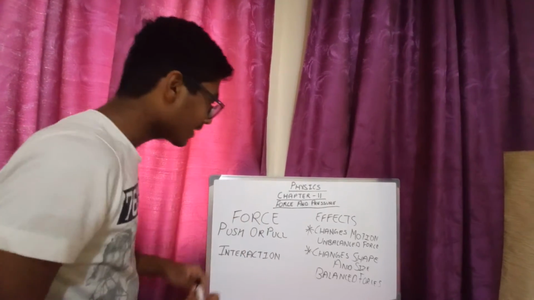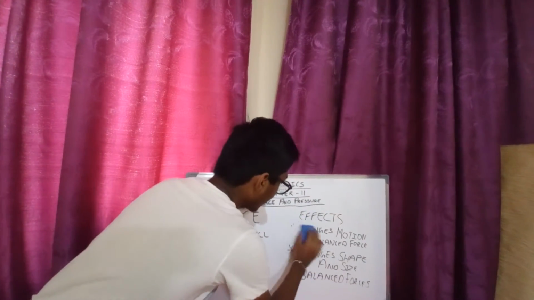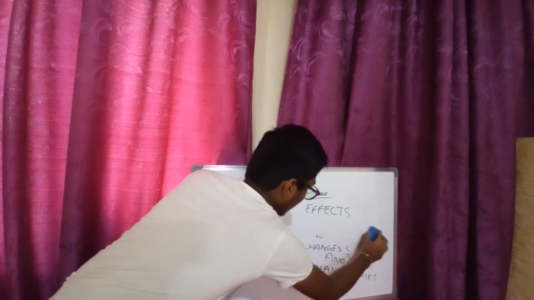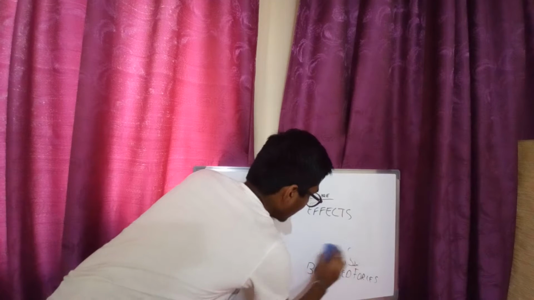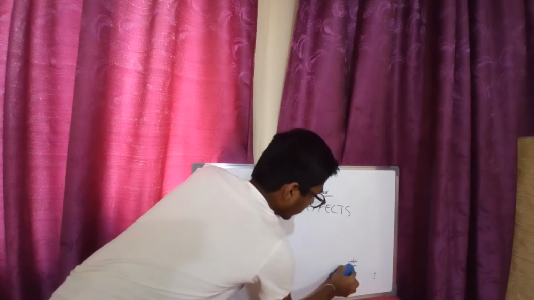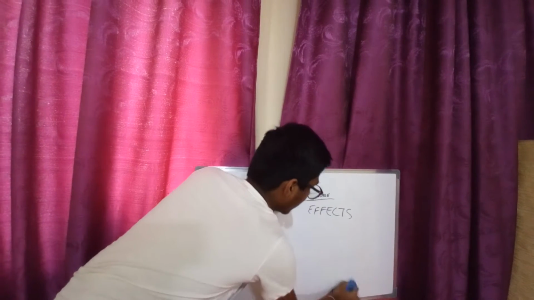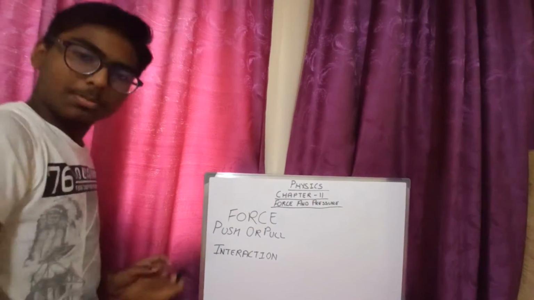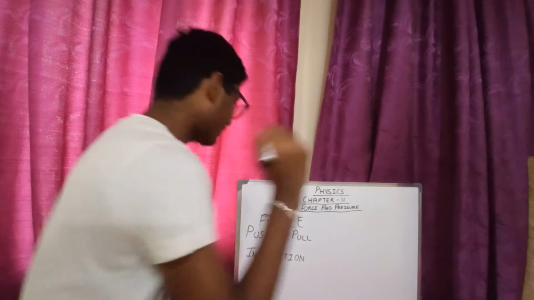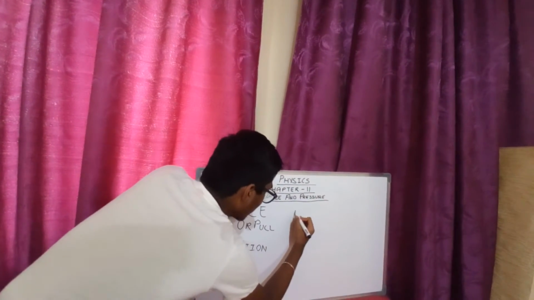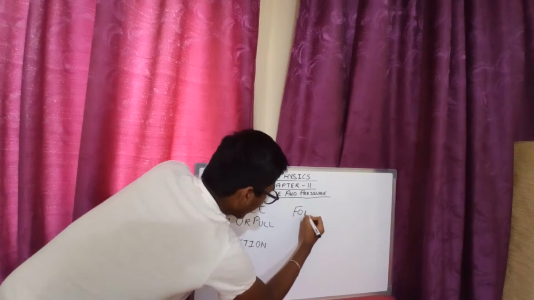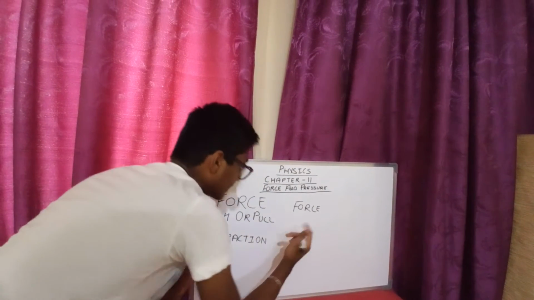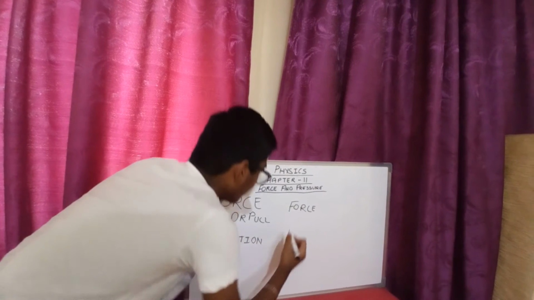Okay, now we will go to the next part, that is the calculations required during forces, how forces act in the same direction, what force actually is, and what are the two things that force has. Before we learn this, we have to know that force is a vector quantity.